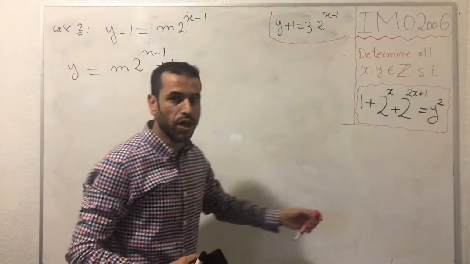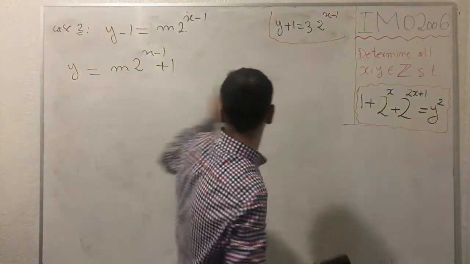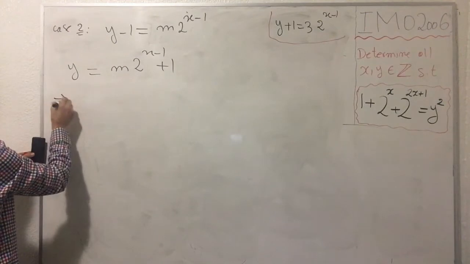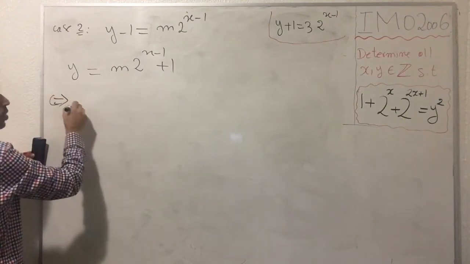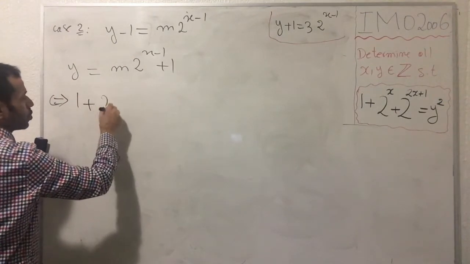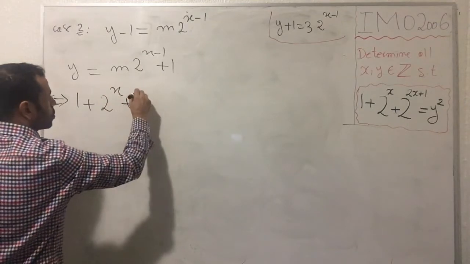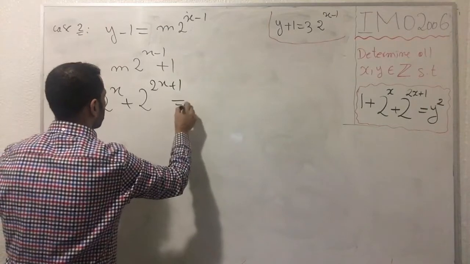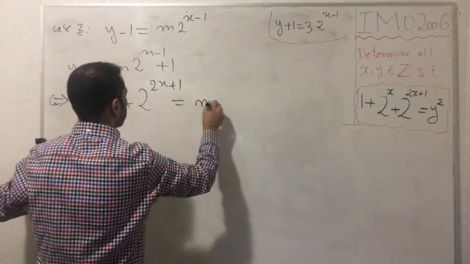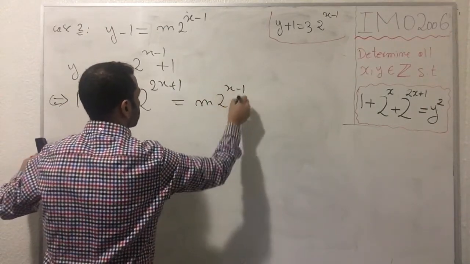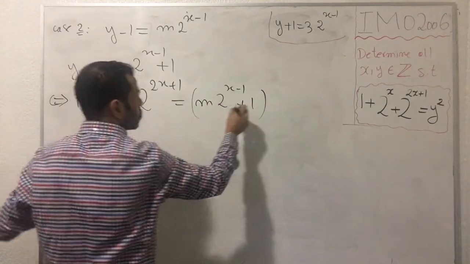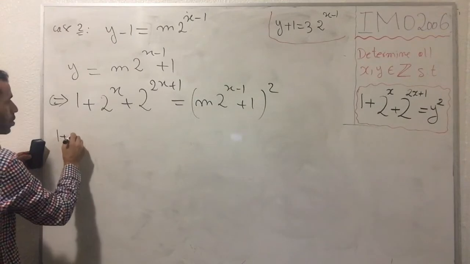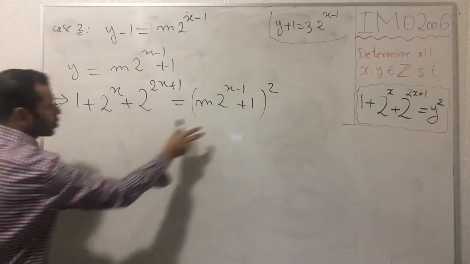I'm going to do the same thing as I did before. I'm going to insert this y into this original equation. So I will have 1 plus 2 to the x plus 2 to the x plus 1 equal to m times 2 to the x minus 1 plus 1, squared. So that means 1 plus, I'm going to solve this one.